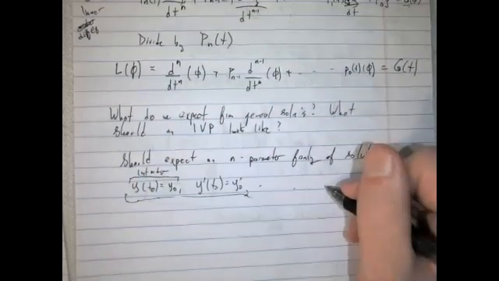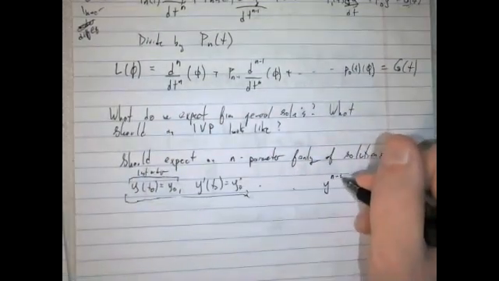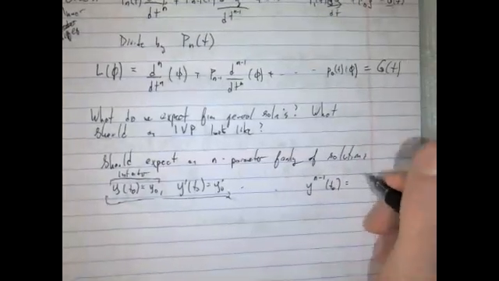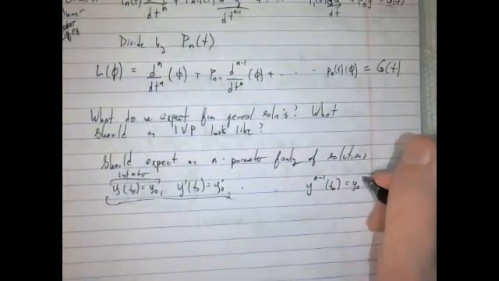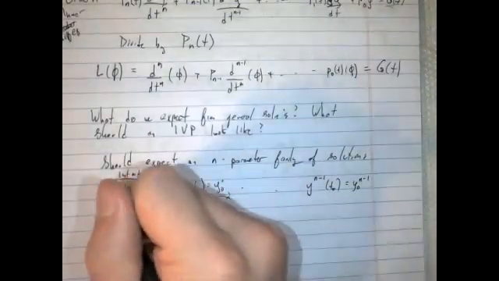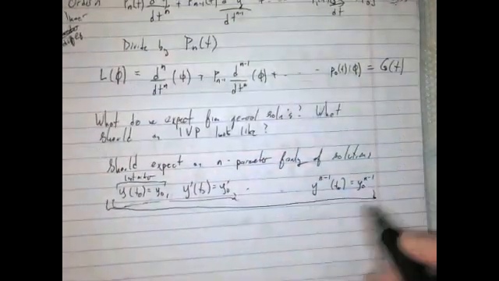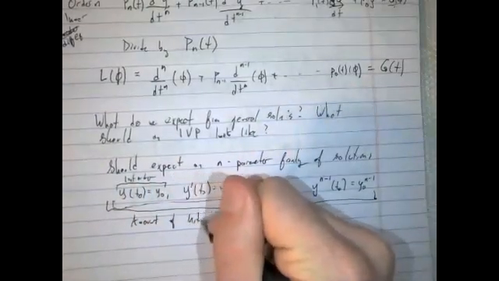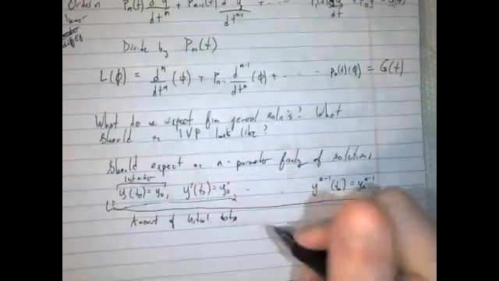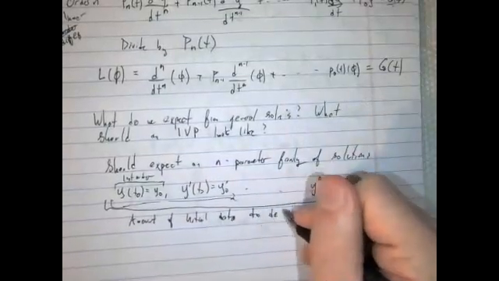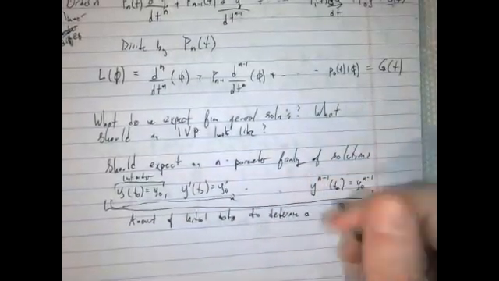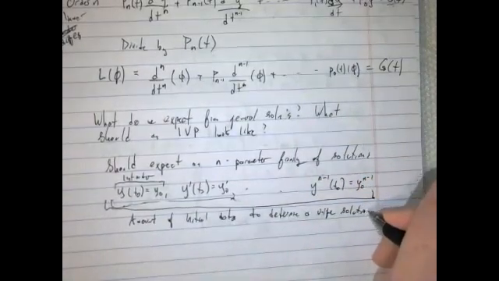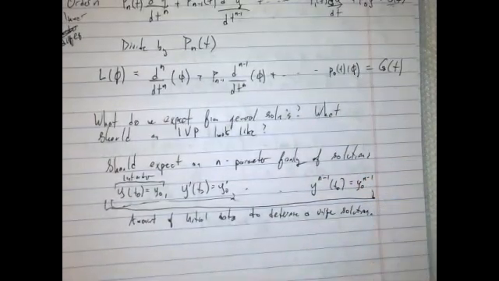And then all the way down to y to the n minus 1 of t0 should be equal to y0 to the n minus 1. So this should be the amount of initial data to determine a unique solution.